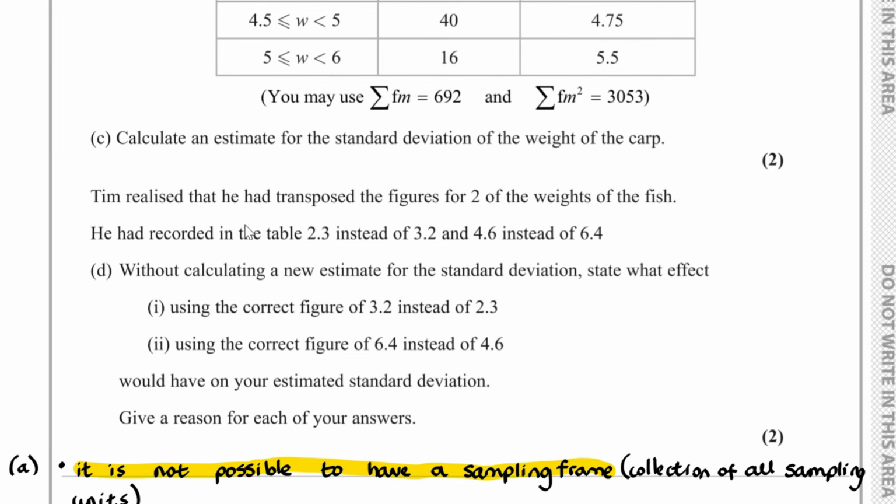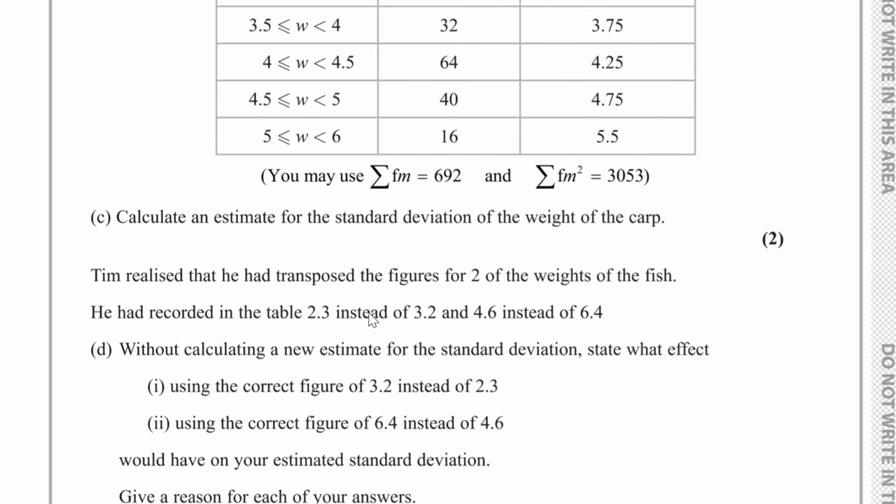Now for part D of the question, Tim realised that he had transposed the figures for 2 of the weights of the fish. He had recorded in the table 2.3 instead of 3.2. So instead of writing the 2.3, he should have put 3.2 instead. And instead of the 6.4, which he should have put down, he put 4.6 instead.